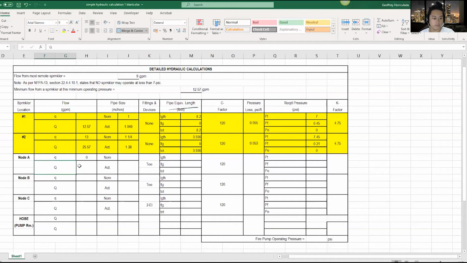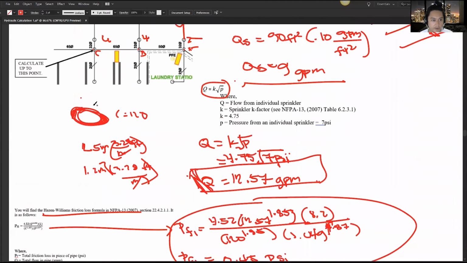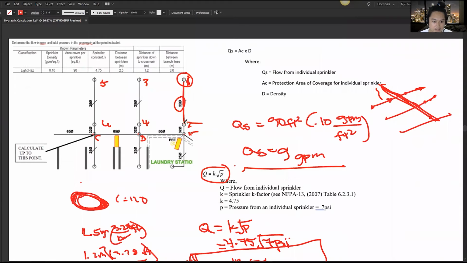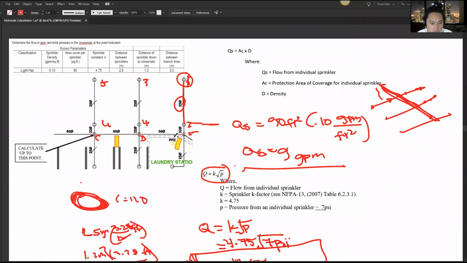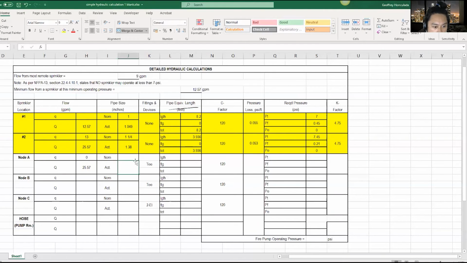However, the big Q will be the same as this one here, because it's the flow required at this point. So all you have to do is just copy the flow from node 2, and that's the flow here.